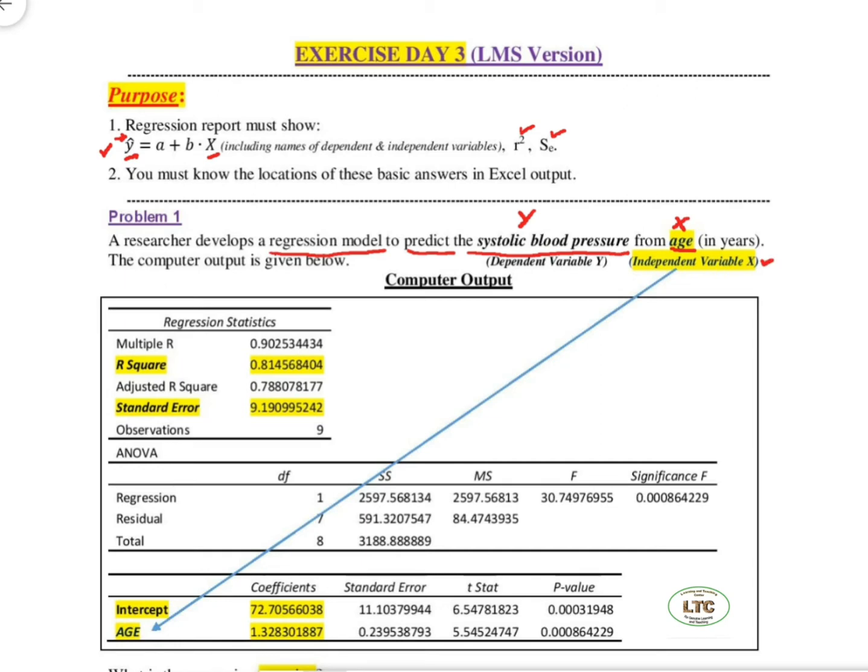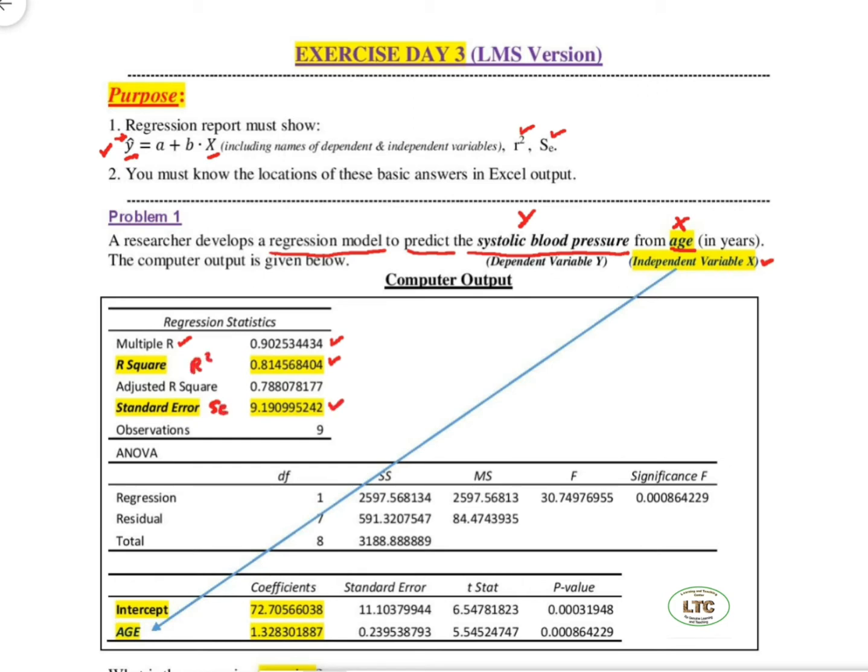After running regression analysis by Excel, you will get this output. There are 3 parts. You can read each one and look for. Here, multiple R, this is the regression coefficient. This is R square, coefficient of determination. Standard error of estimate S sub E is this value.